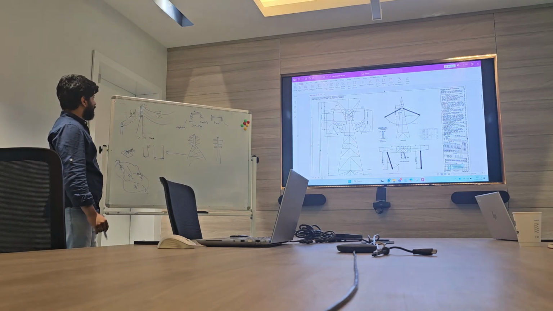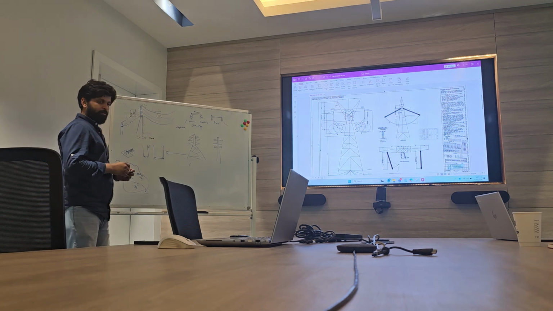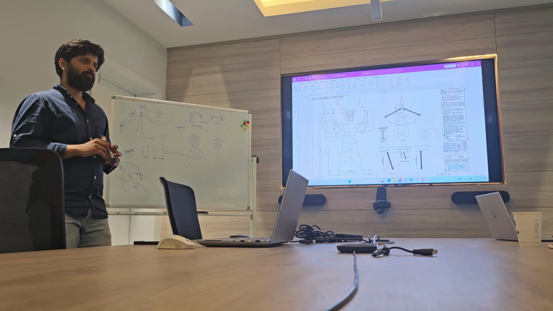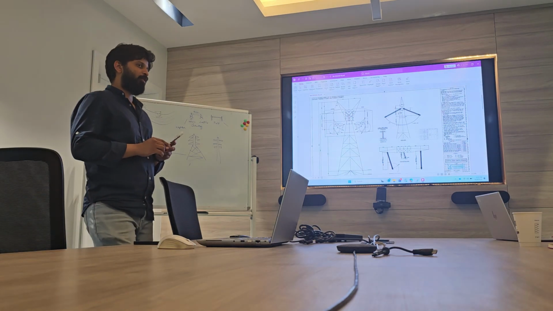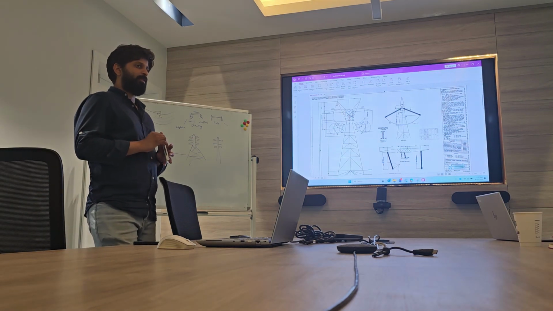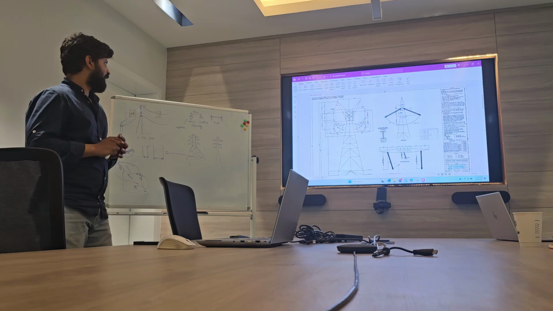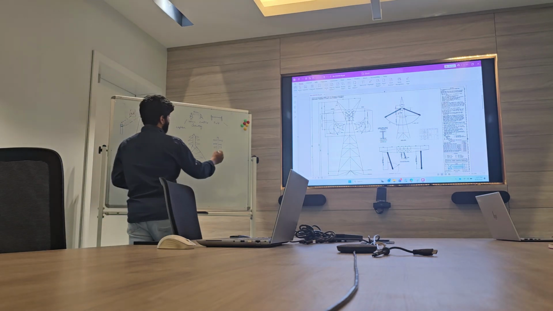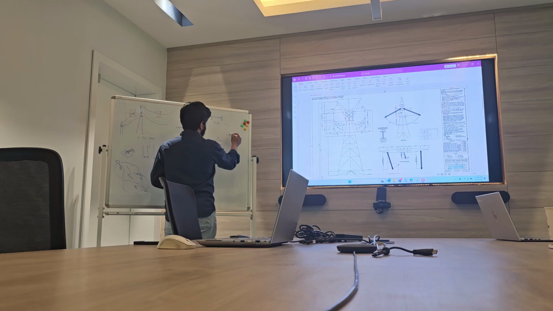AC and DC. In AC, usually it requires a wider area for the towers. Opposite, isn't it? It depends on something called creepage distance.